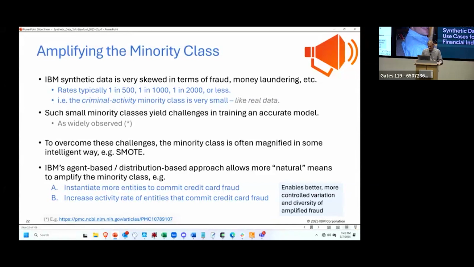We can amplify the number of criminals, or we can also increase the rate at which they do their activities, steal credit cards or do other things. So we can really naturally amplify things. And we've looked at how this works in models, and it definitely improves the accuracy to train basically on data with a lot of criminality in it, and then run it for inferencing on data which has a normal, much lower amount of criminality.